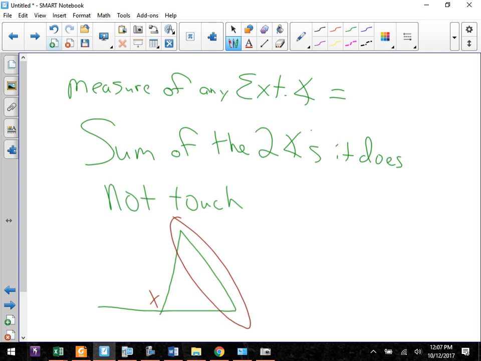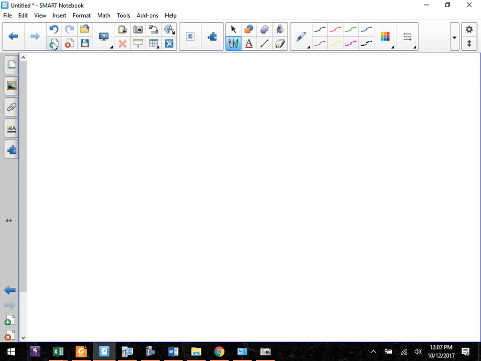Now, this whole idea of interior, exterior angles, triangle sums, and things like that, we use it all the time in geometry. We use it so much. For example, and you don't have to draw this out right yet. We're going to worry about this here in about a month or so.